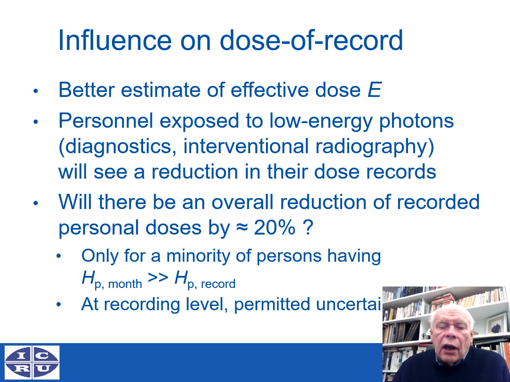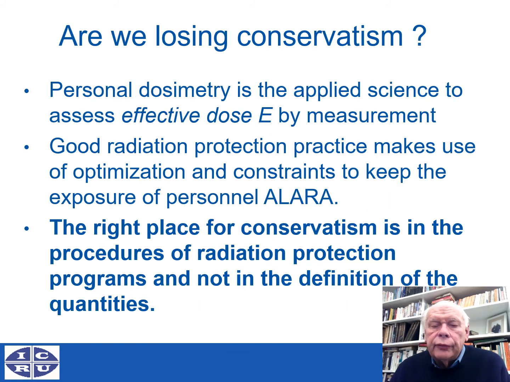And the answer to that is not really likely, because most people who are occupationally exposed have nowadays a dose reading which is actually 0, and therefore not 0 but the detection threshold is entered in the dose record. And so only persons who receive a dose which exceeds the detection level will, relatively speaking, have a lower dose, 20%.